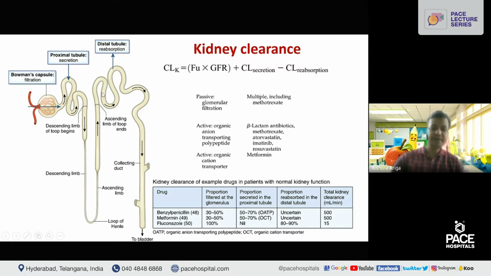We need to keep this in mind, because there are conditions where the GFR was more than 90, but the clearance was decreased. This is because the glomerulus was affected, but not all glomeruli were affected, and the filtration was decreased. So these are a little more complicated and are important.